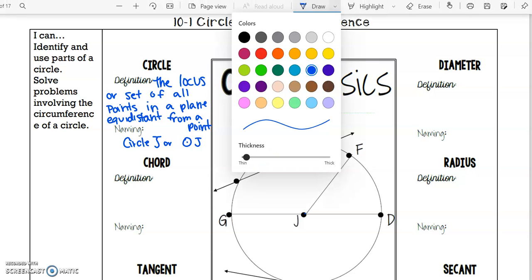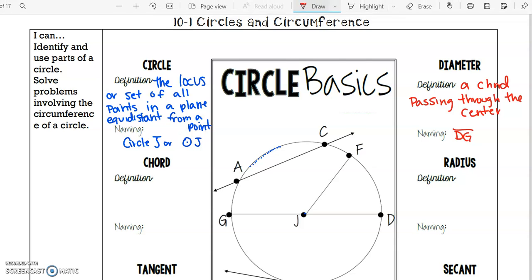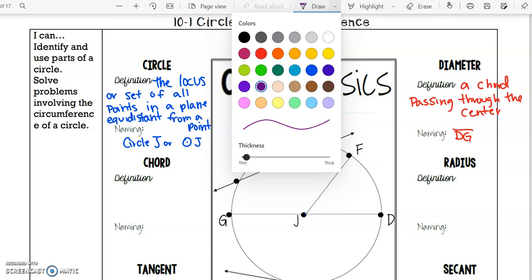Diameter, which you've probably heard of before, is a chord passing through the center. And so DG, that segment here, would be the diameter. And radius is half of the diameter.